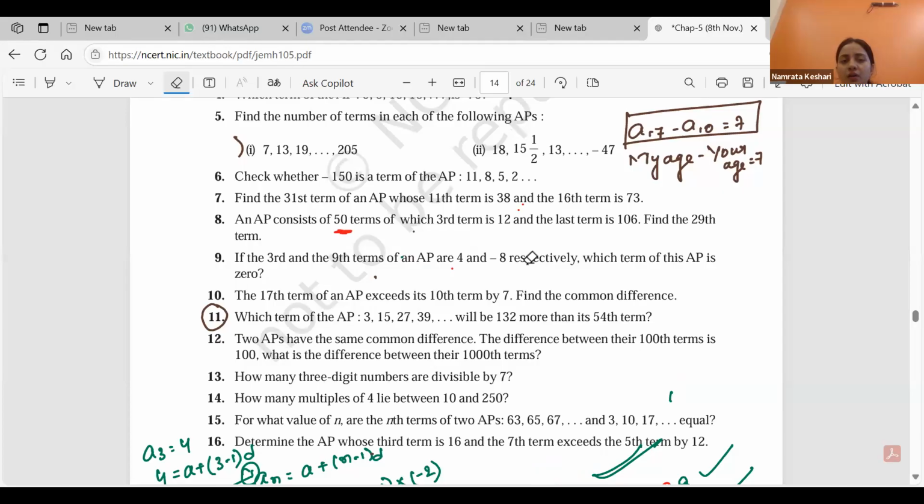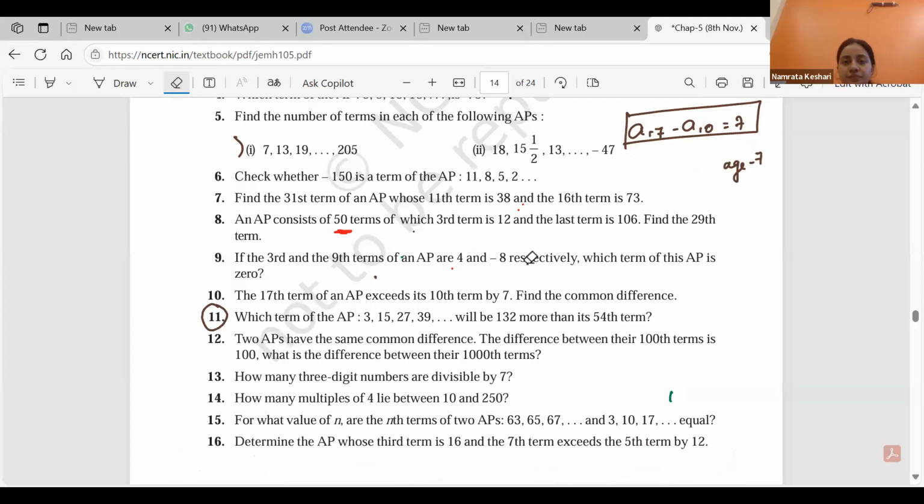A plus n minus 1 into d, you are saying? A is 3, right? So at first you are trying to find which term, Inan. So the equation will be like an is equal to a plus 53d plus 132.